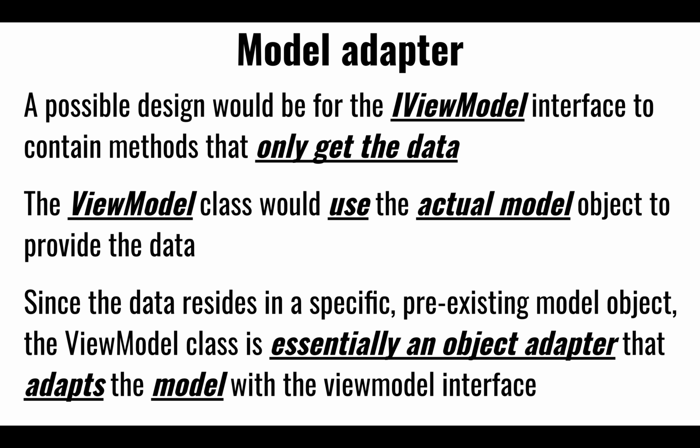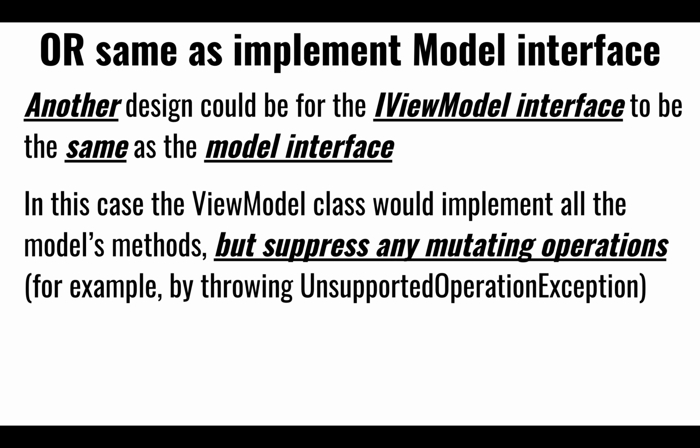And again, it could be either by inheritance or by composition. In this particular case, we're going to look at implementing using an object adapter, where we have an instance of the model, and then we implement the interface by forwarding these methods to the model. It's an adapter to the model, a model adapter.